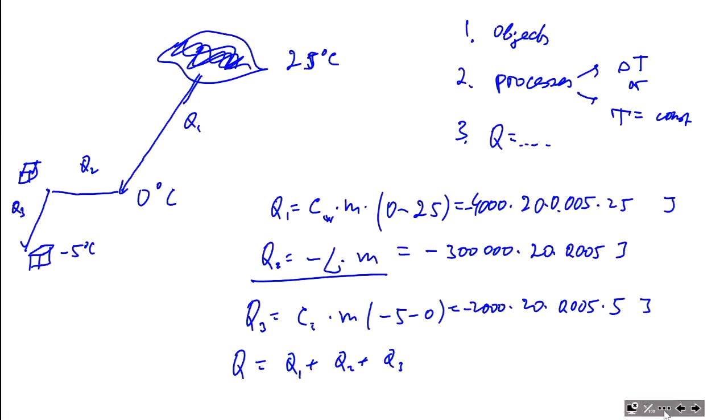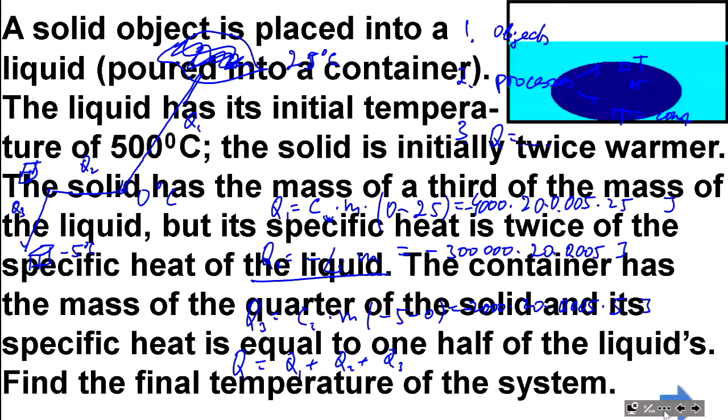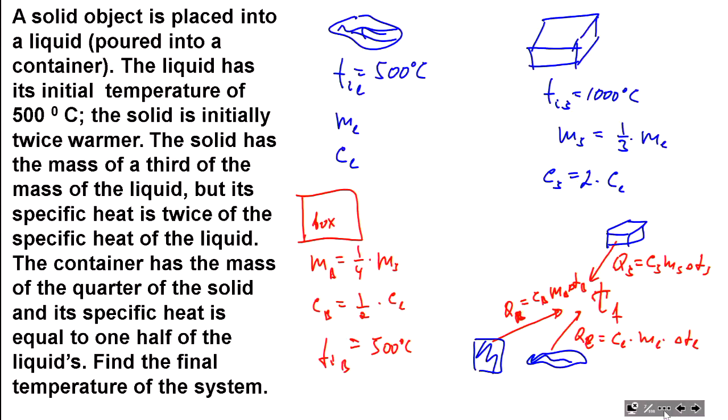Here we just had to add all Q's. In this problem, because there is no heat exchange with the surrounding, we have to set that sum to a specific number, which is what? 0. So this is what we need to write. Qs plus QL plus QB equals 0.